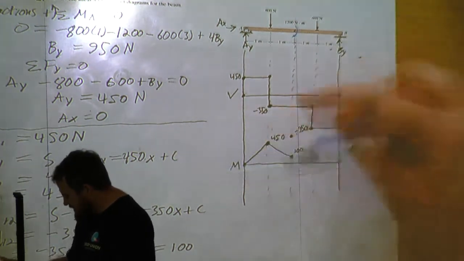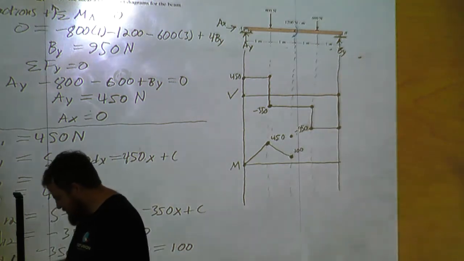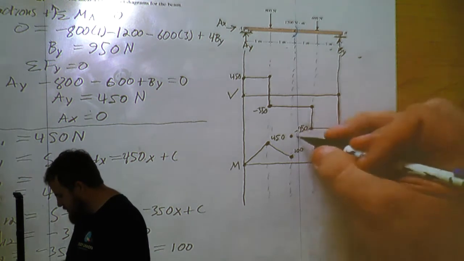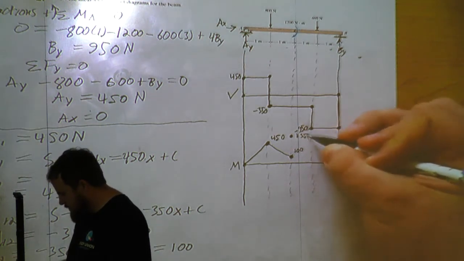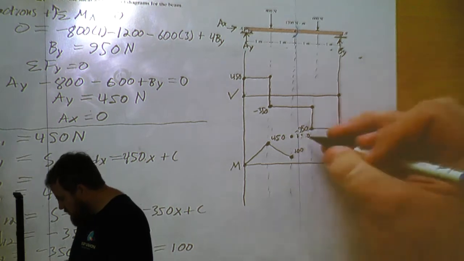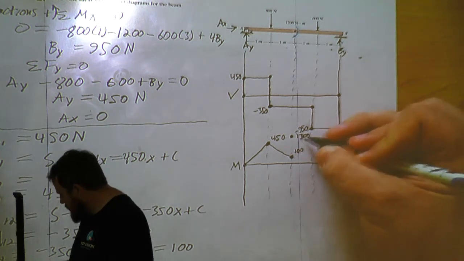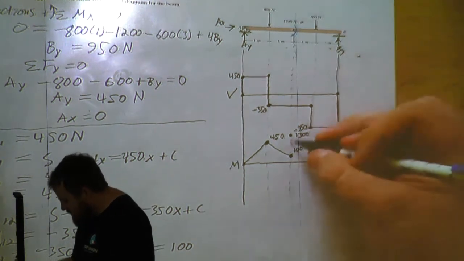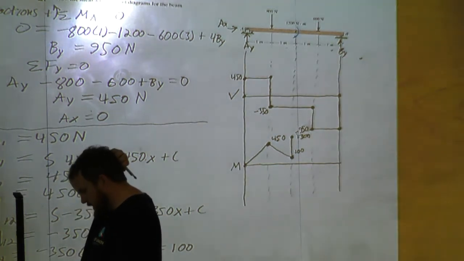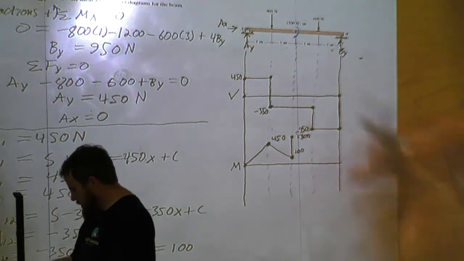Sorry that it's kind of colliding with the shear diagram here. So 100 plus 1200 is going to be 1300. Okay, 1300. That's our new point. Does that make sense to everyone? You just add. This is a direct adding.